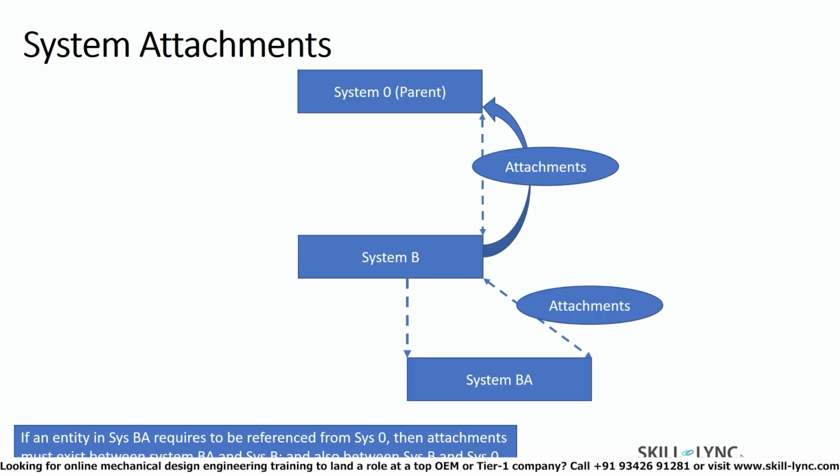So just to summarize what I have shown in the demo, system 0 will be the parent system, and we have another system, system B, under system 0, and then system BA is another system under system B. So if an entity in system BA requires to be referenced from system 0, then attachments need to be created between system BA and system B, and also between system B and system 0.